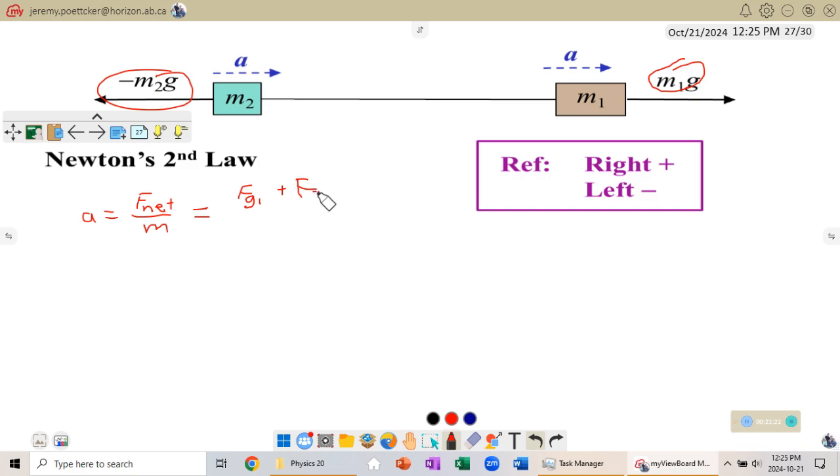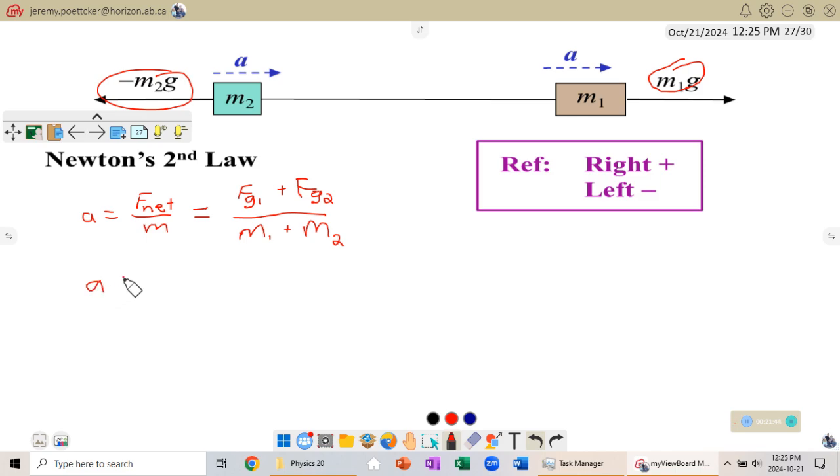I've done some work for you on the screen, just a look ahead, divided by M1 plus M2, total mass.